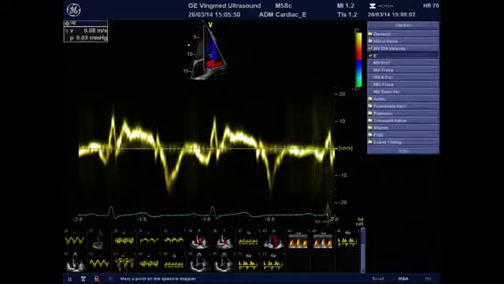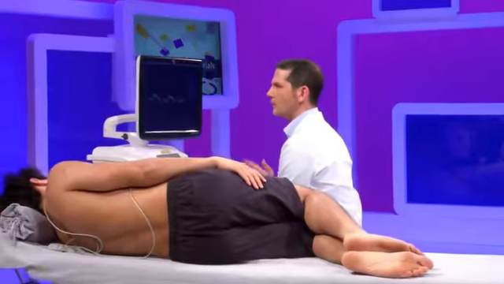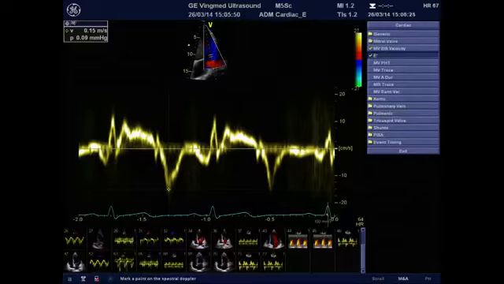This time E prime is higher, and this is another important point, the fact that we need to take into account that not every measurement is interchangeable, because the lateral wall, which is free, moves faster than the septum, which is shared between the two ventricles. So the velocities we record across the lateral wall are higher in a normal subject than the ones at the septum.